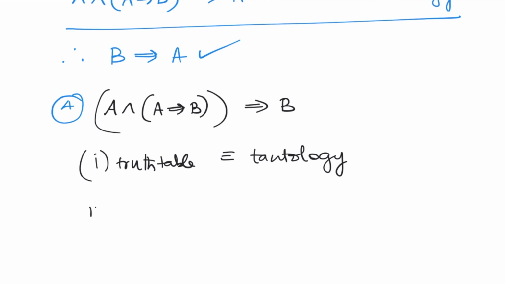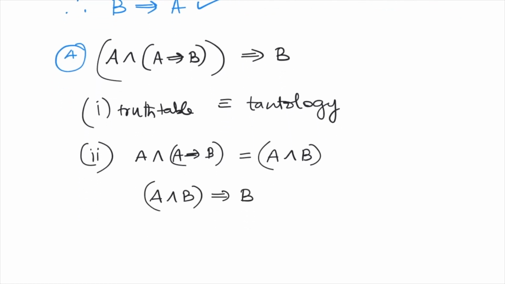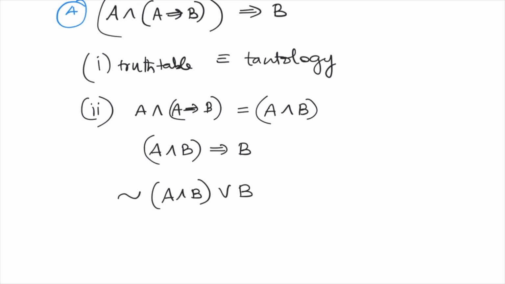And the second approach is, again, you know that A and A implies B can be simplified as A and B. We just saw that. So now this is A and B implies B, right? Now let's again apply the equivalent statement for A implies B. So this is going to be negation of A and B, or B. Now apply De Morgan's law.